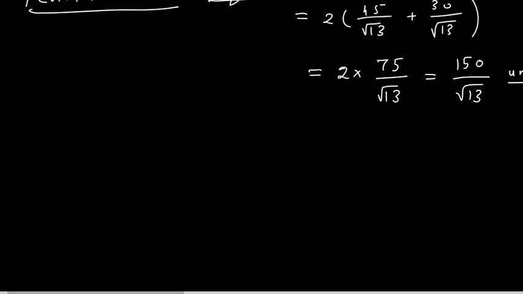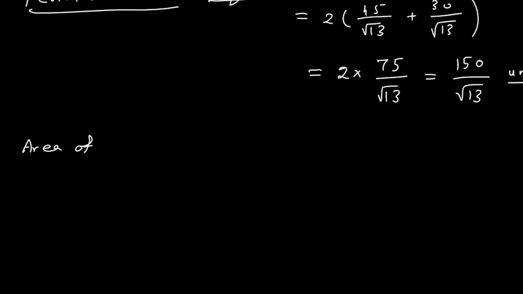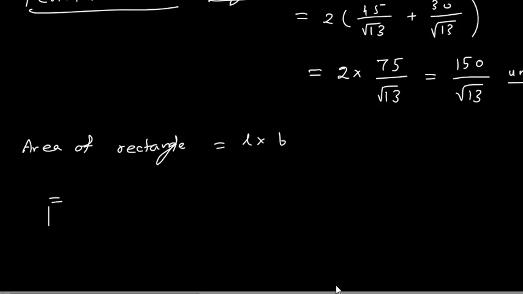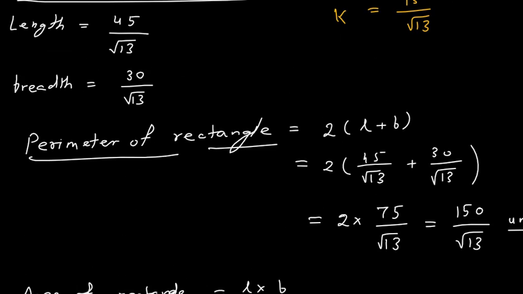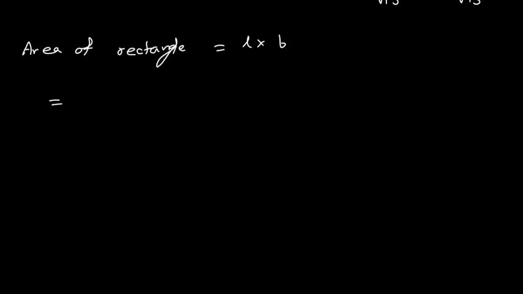And for the area of the rectangle, the formula for area of a rectangle is what? Length into breadth. Here the value of length is 45 upon root 13, multiplied by 30 upon root 13.